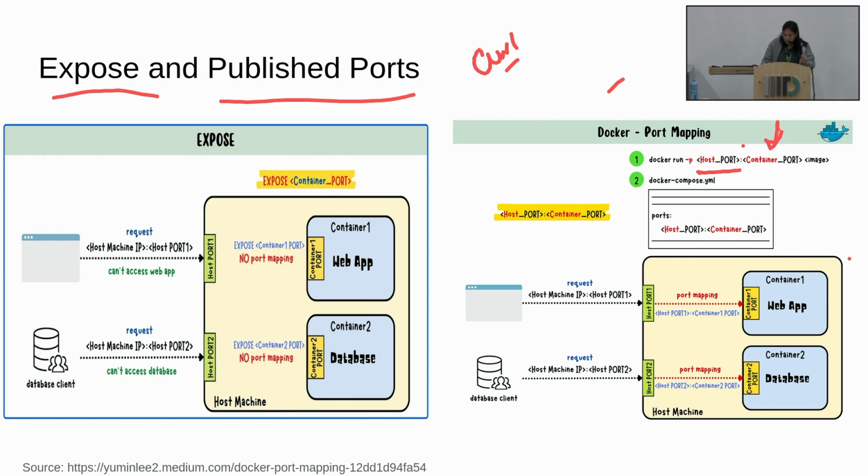You exposed some certain port, let's say 80 for Nginx, and I say I want some port, suppose 7001, on your physical machine to be used by this container. That is done using port mapping, or what are called published ports. The difference between expose and publish is that expose just says my container is ready to handle requests on a particular port, but publish says this port should be accessible on the physical machine for someone from outside my machine to connect to it.